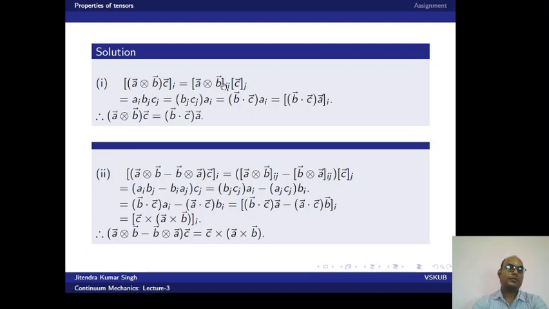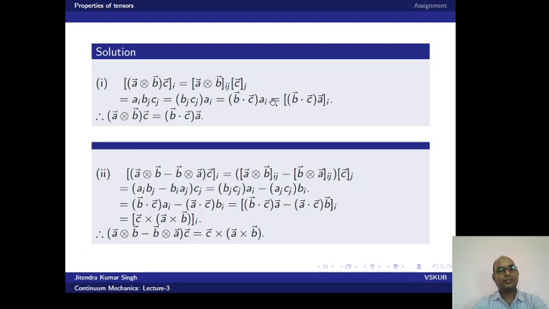So the tensor product of a b, its ij component we can write as ai bj, and vector c, its jth component, we can write as cj. So putting bj and cj together, we can write bj cj ai, and bj cj means b1 c1 plus b2 c2 plus b3 c3. So this is actually the dot product b dot c, into ai.